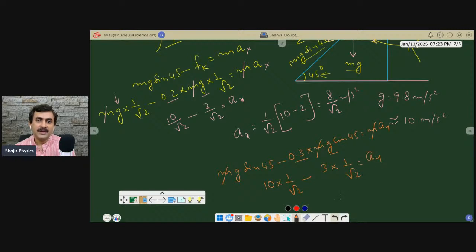So ay is equal to 1 by root 2 into 10 minus 3, that is equal to 7 by root 2 meter per second square. This is the acceleration of y. Now, we have solved only one part of the problem.